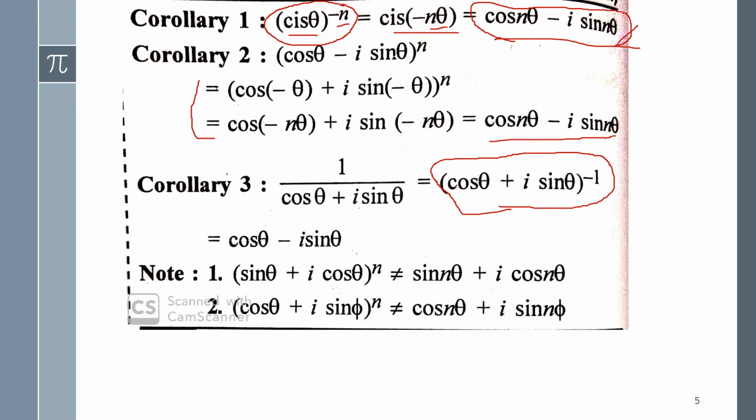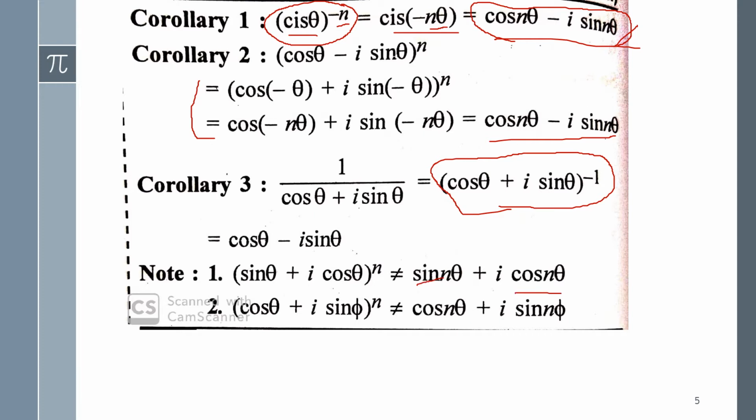And here I have also given two remarks. See the first remark. Please note, guys, that sin theta plus i cos theta whole raised to n does not equal, it can never be possible to be, sin n theta plus i cos n theta. Okay, because here cos will come and here sin will come.